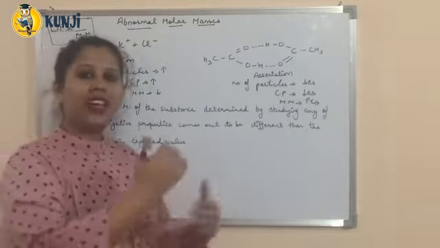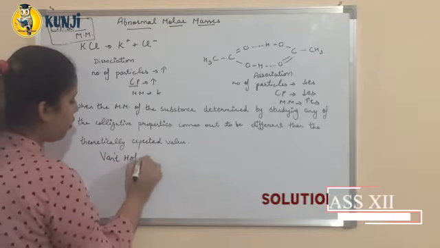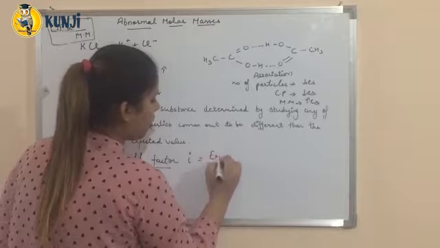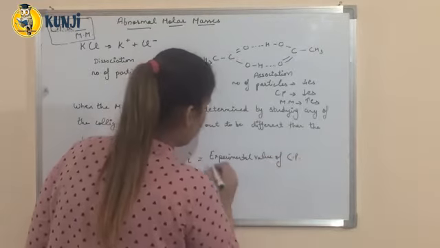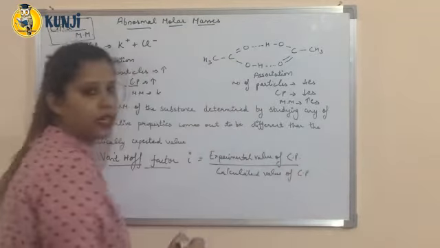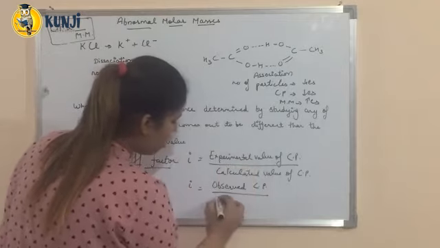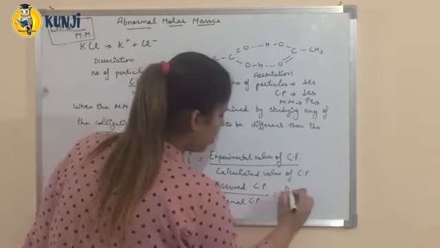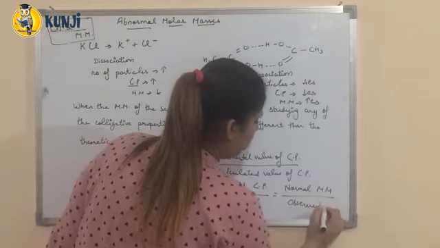For the extent of association or dissociation, the scientist Van 't Hoff gave the Van 't Hoff factor denoted by i, which is equal to the experimental value of colligative property over the calculated value of colligative property, or it can also be written as i is equal to the observed colligative property value upon the normal colligative property value, and further it can be written as normal molecular mass upon observed molecular mass.